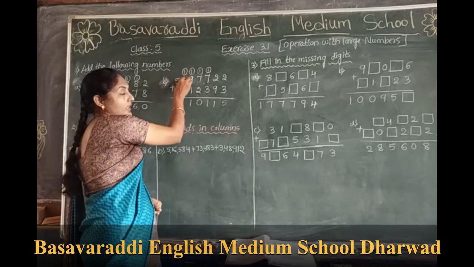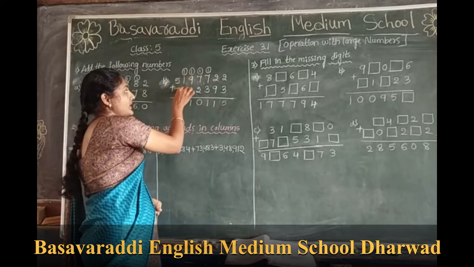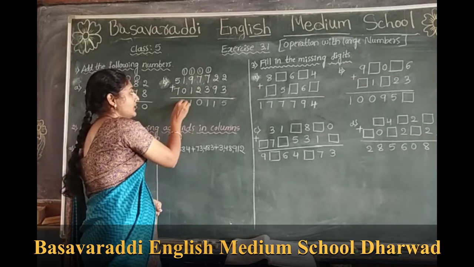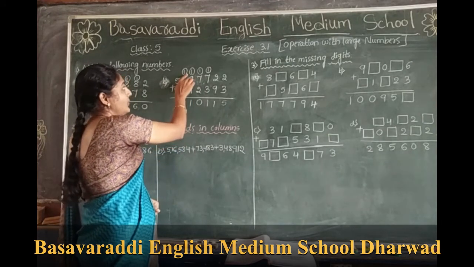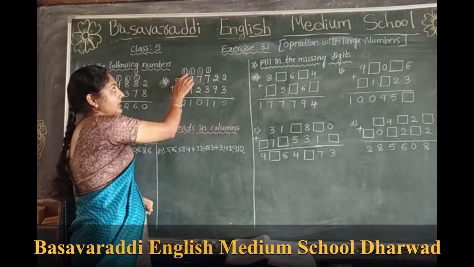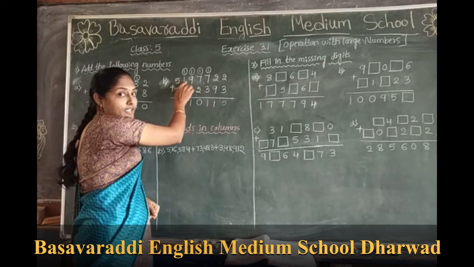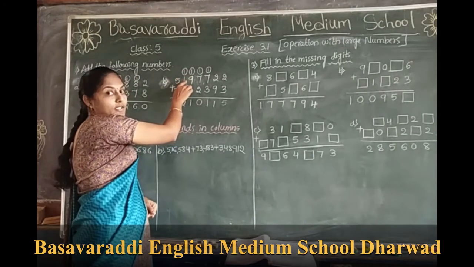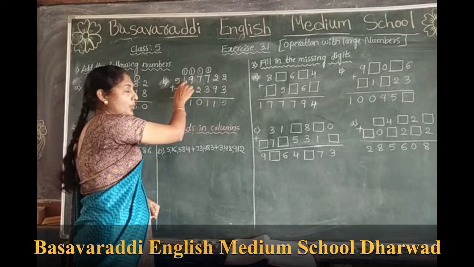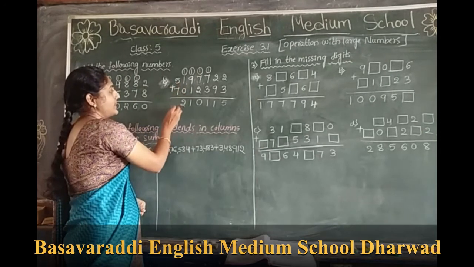So 1 plus 1 is 2, and 2 plus 0 is 2. Remember the second rule in addition: if you add 1 to any number, you get its successor. 1 plus 1 is 2, the successor of 1 is 2. 5 plus 7 is 12.